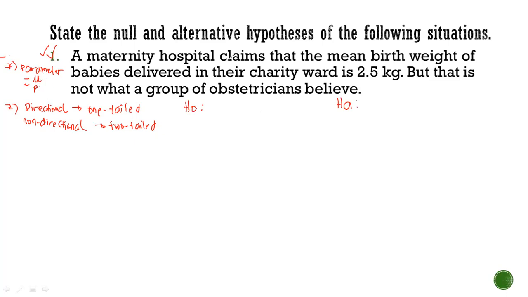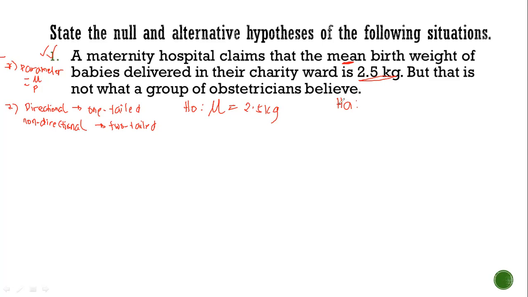So obviously, sinabi dito na mean birth is 2.5 kilograms daw. So again, your H sub 0, H null is always equal. Diba? Yung symbolism kanina, equal. So we will utilize your parameter population mean equal to 2.5 kilograms.